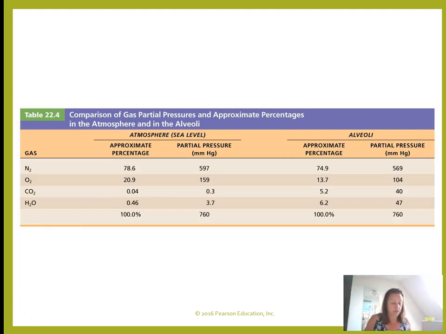Basically, the total pressure exerted from each gas should equal 100%. So what does that have to do with anything? The difference in the pressure of the gas in the blood and the tissue is going to make it go from high to low, whether it's carbon dioxide or oxygen, into or out of the tissue.